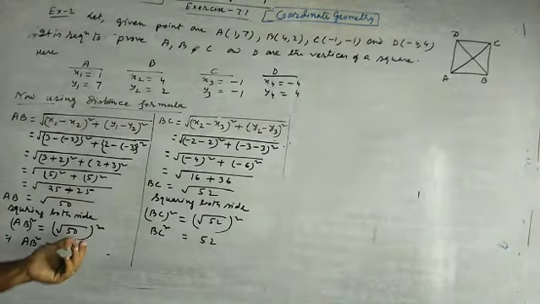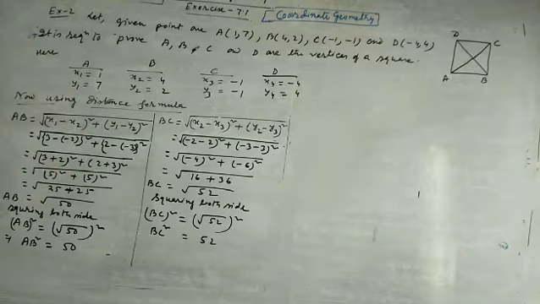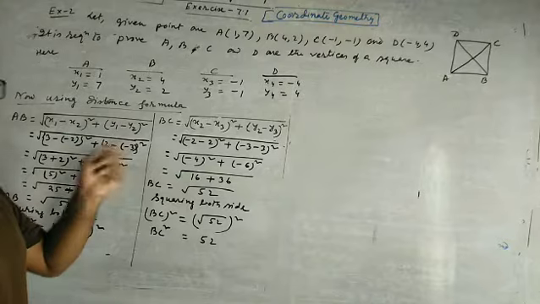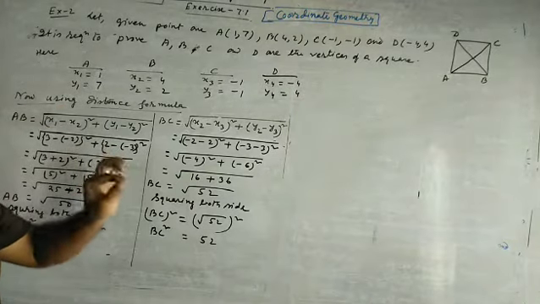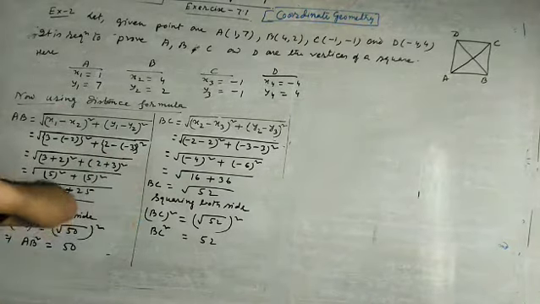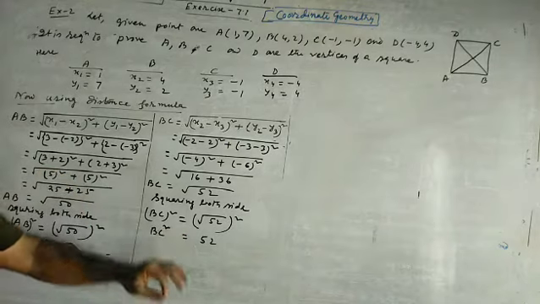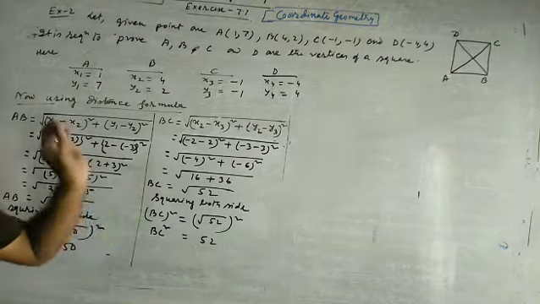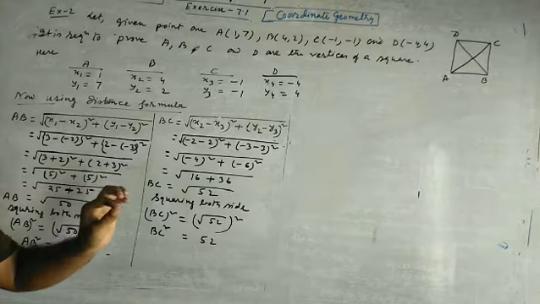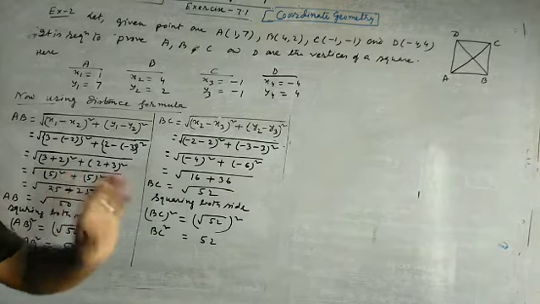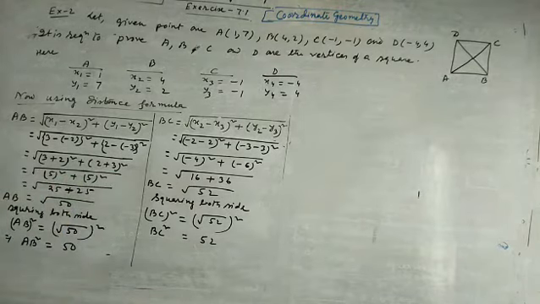So we find the distances AB, BC, CD, AD and then the 2 diagonals AC and BD. If all 4 sides are equal and the diagonals are equal, then we can say ABCD are the vertices of a square. Okay.